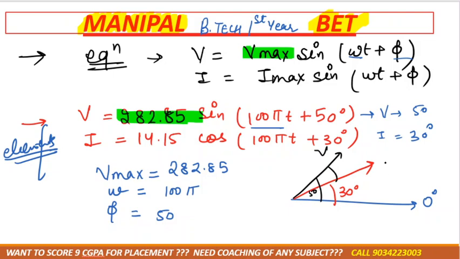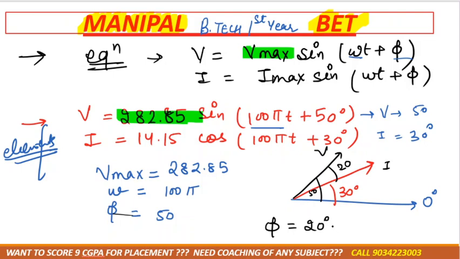So how much is the angle between current and voltage? 20 degree, right? So that is your phi. Phase angle is how much? That is, I told you, the angle between the voltage and current. That is 20 degree. Correct?